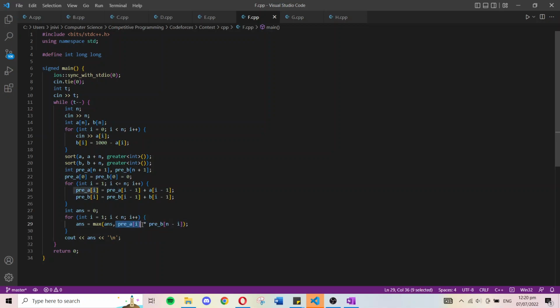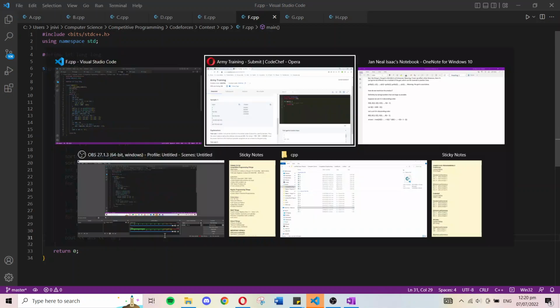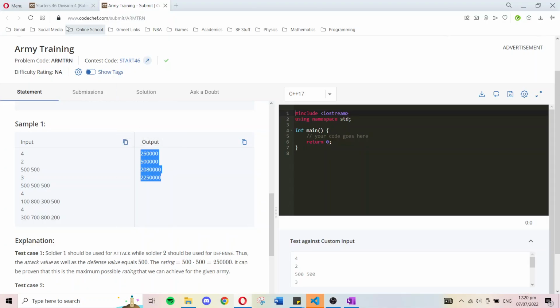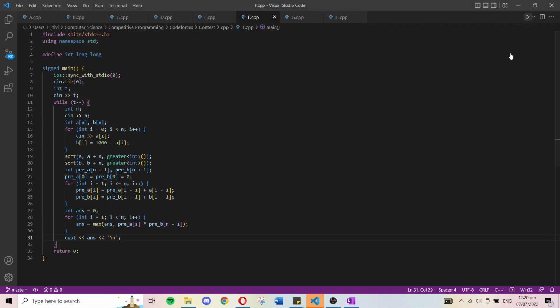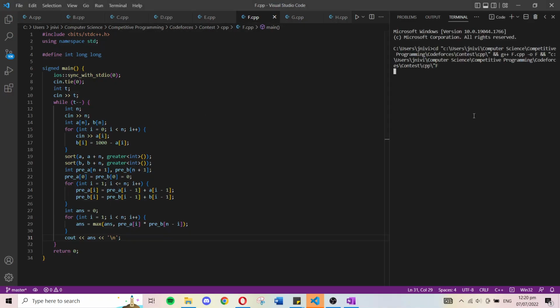If you take i A's, then the remaining n minus i must be B's. Notice that you can never choose only one type, because the other will be zero, and if you multiply it, it will just be zero, so it's not good. I may print out the answer. This is exactly what it's going to output, so let's try it out just to show you that it works.